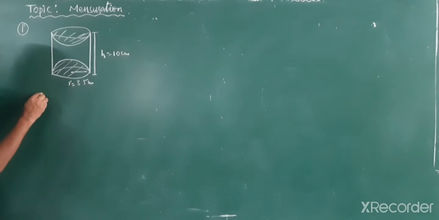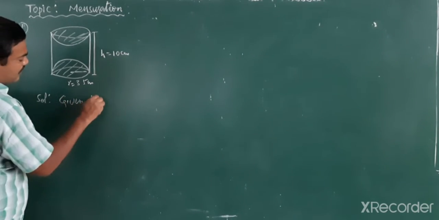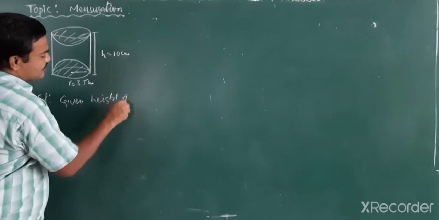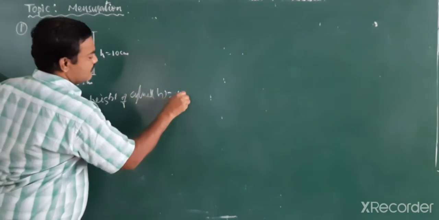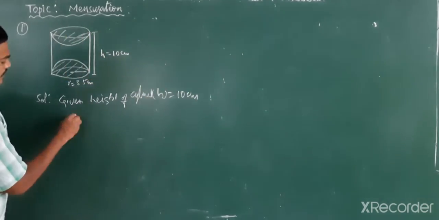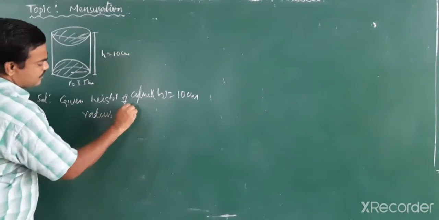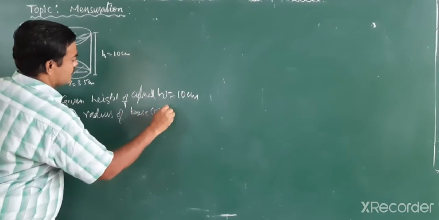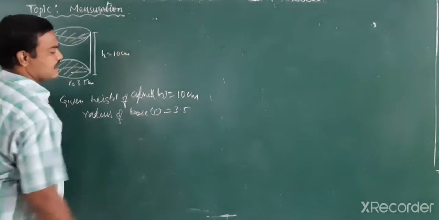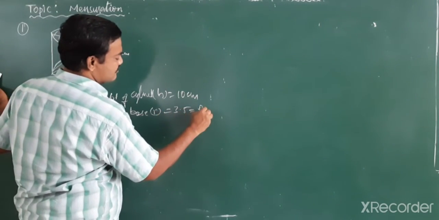So given, height of cylinder h is equal to 10 centimeters. Next, radius of base r is equal to 3.5 centimeters, and it is equal to the radius of hemisphere also.